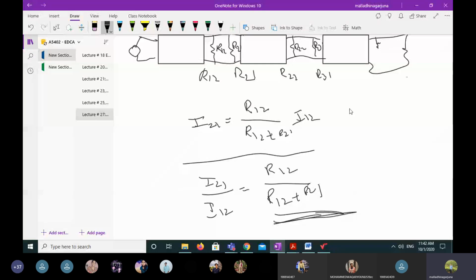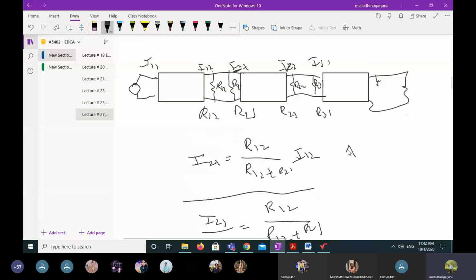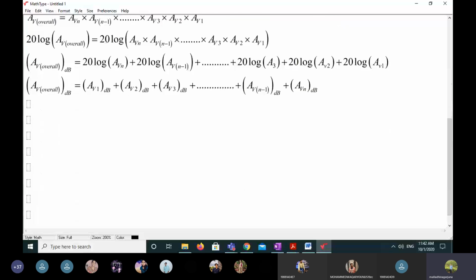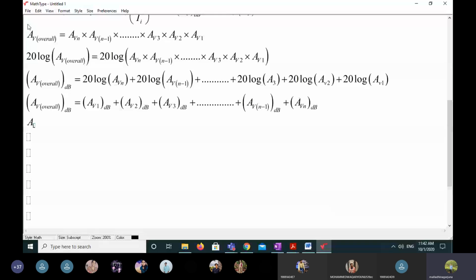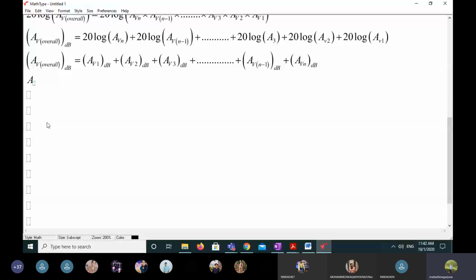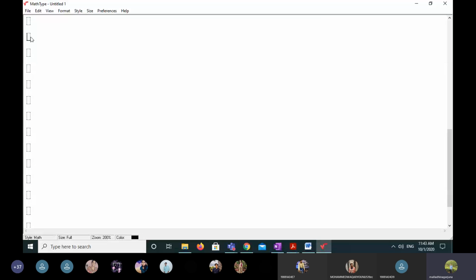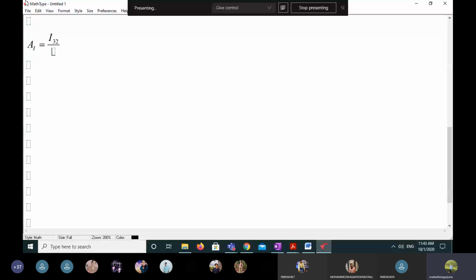The overall current gain AI equals I32 divided by I11, which I will write in MathType. So the overall gain equals I32 divided by I11. That is equal to I32 divided by I31, into I31 divided by I11.